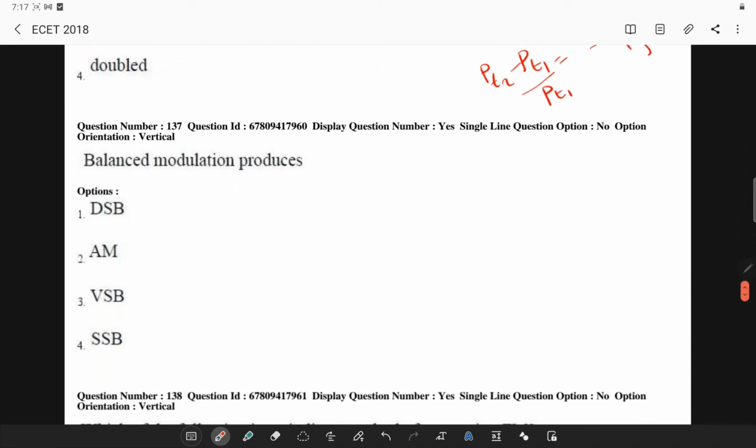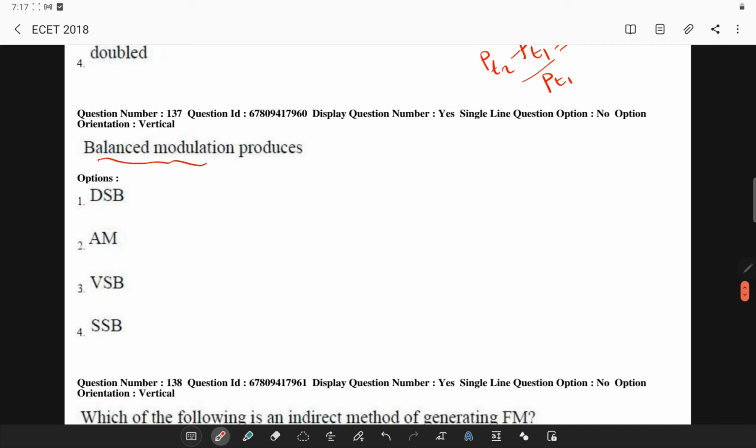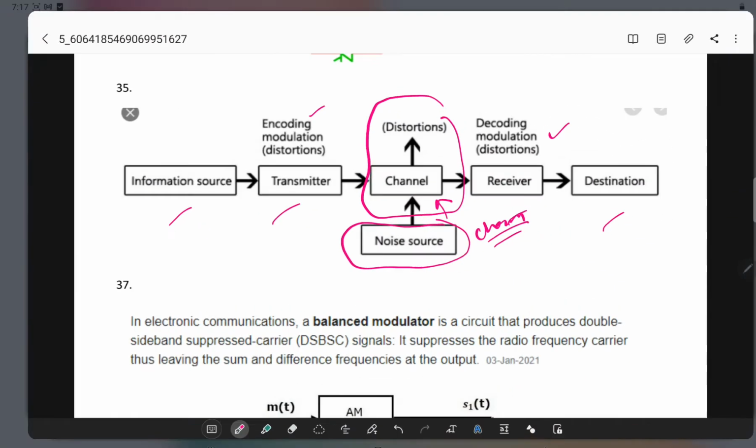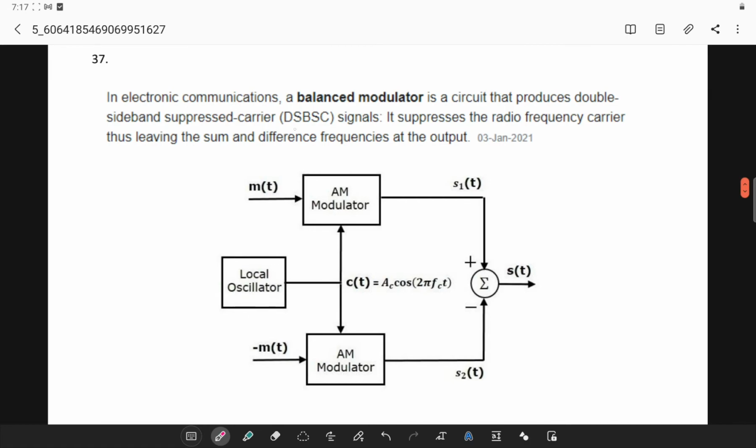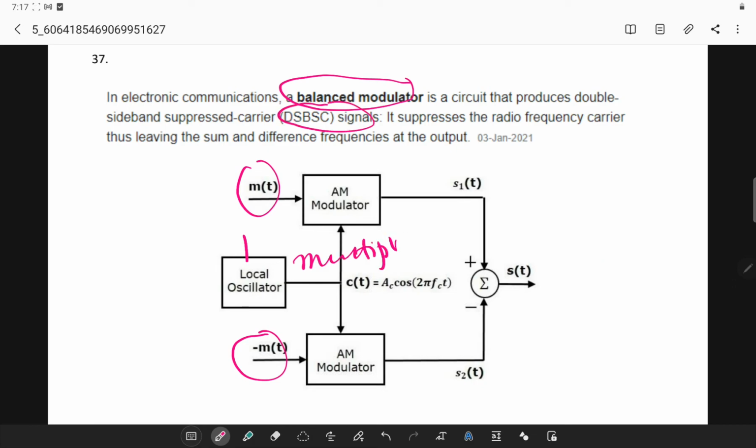The next question is again related to analog modulation. Balanced modulation is nothing but a product modulator, which happens basically in double sideband. If you remember this particular circuit, in a balanced modulator m of t and minus m of t are given to the local oscillator, and you just do a simple multiplication and your resultant is your DSB-SC signal.